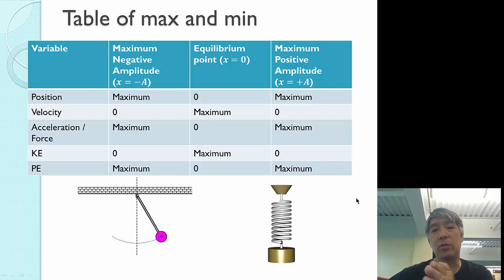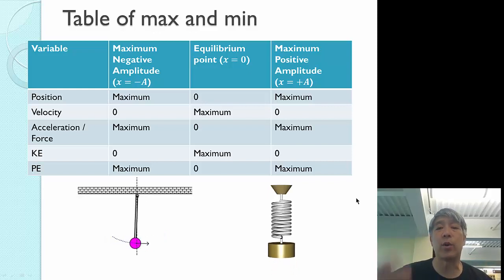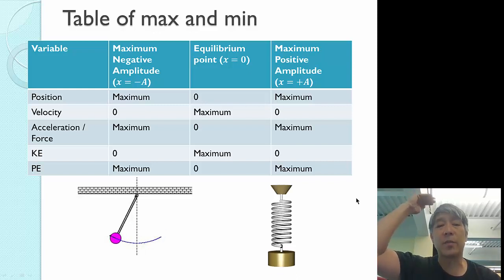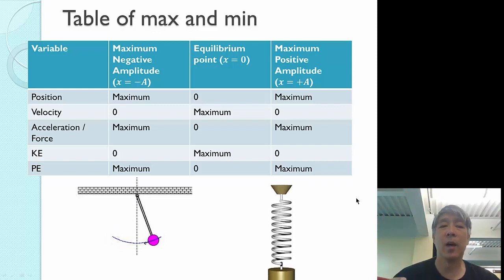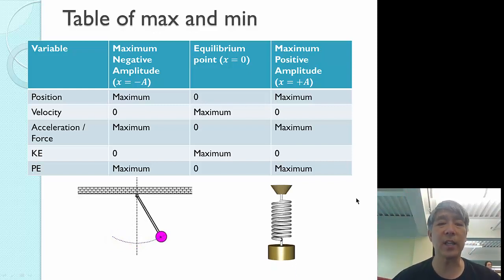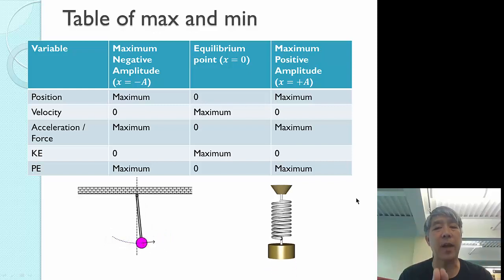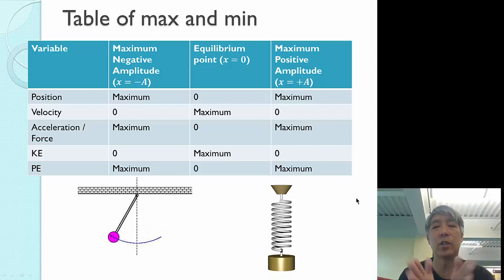It must pass through 0 at those amplitude points. Just like when we were throwing objects in the air, at the top of the arc, the vertical velocity of the object hit 0. So for the velocity line, we have 0 velocity at the endpoints and a maximum velocity at the equilibrium point. That's when it's hitting its greatest speed.